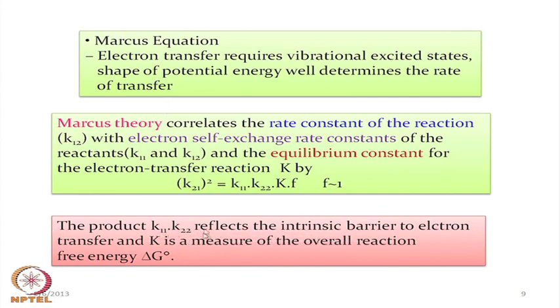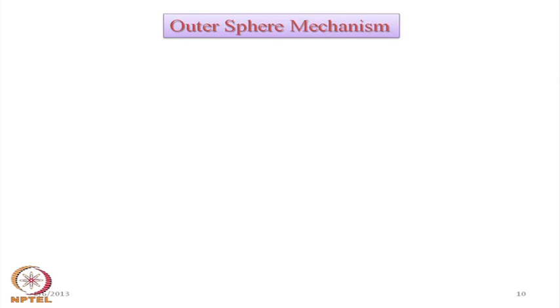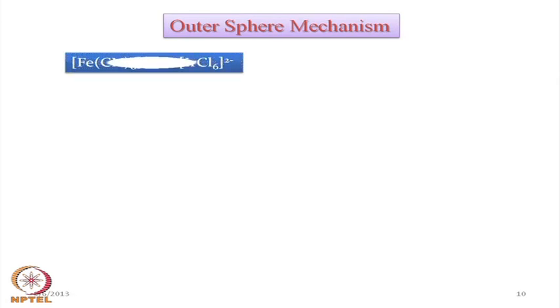The product of K11 and K22 reflects the intrinsic barrier to electron transfer, and K is a measure of the overall reaction free energy, that is, delta G0. This gives us an idea of how this can be useful for the outer sphere mechanism.